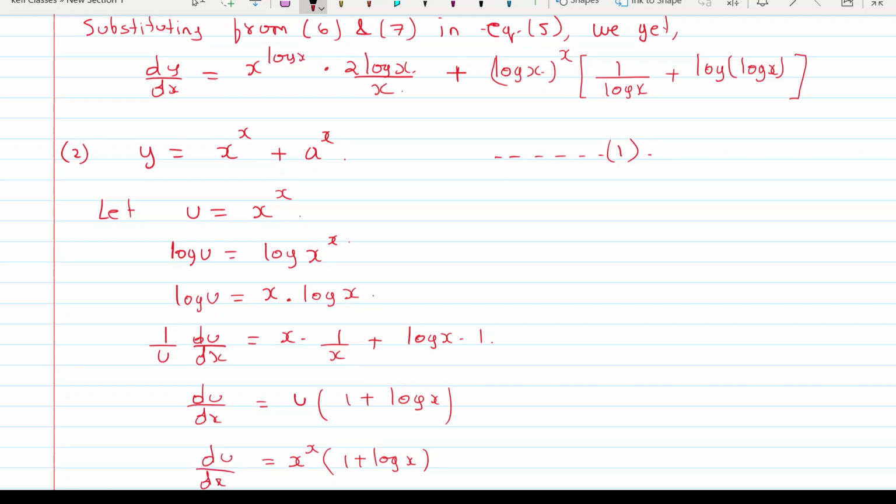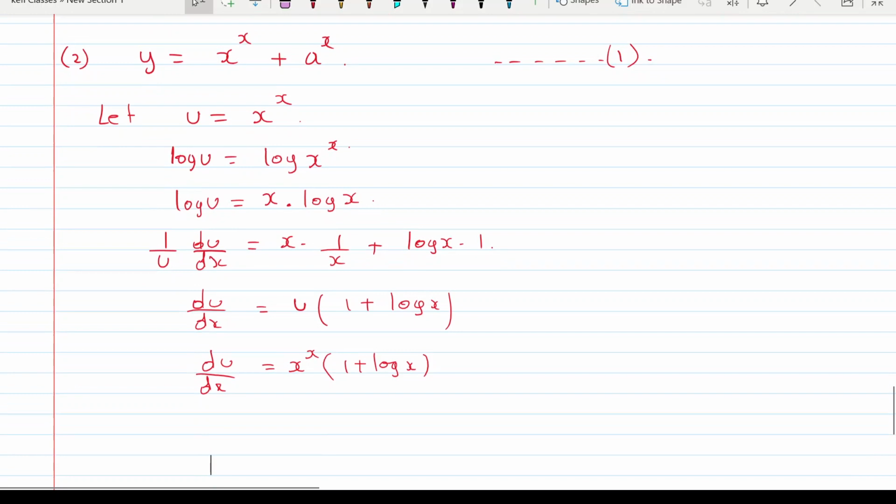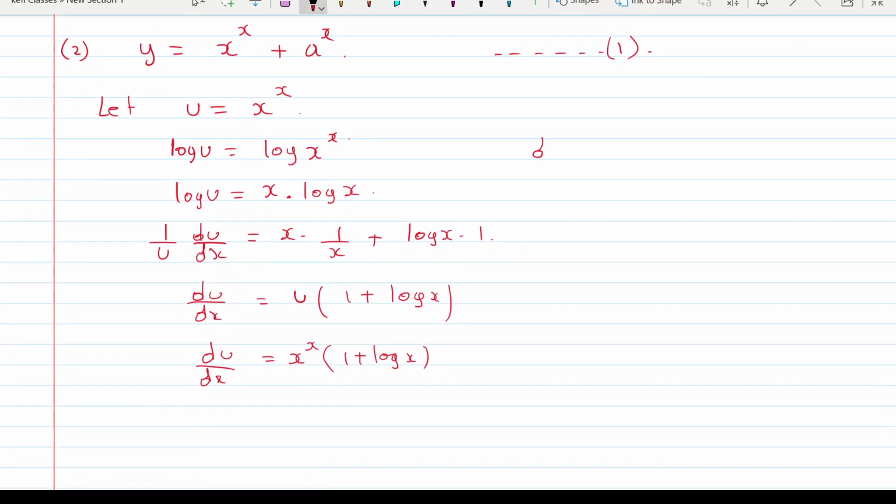Now see, remember one thing, ये इसका ये फॉर्मूला लर्न करके रखो, ठीक है? d by dx of x raised to x is x raised to x into 1 plus log x. ये फॉर्मूला लर्न करके रखना है, बिकॉज अगर पेपर में कुछ गड़बड़ हो रहा है, समझ में नहीं आ रहा है, कुछ तो झोल झमेला हो गया, तो डायरेक्ट लिख देना d by dx of x raised to x is x raised to x into 1 plus log x.